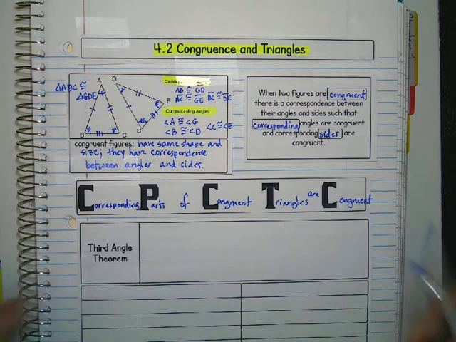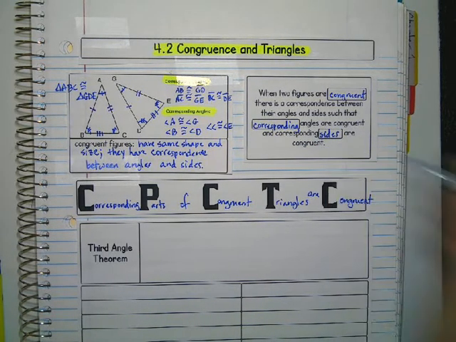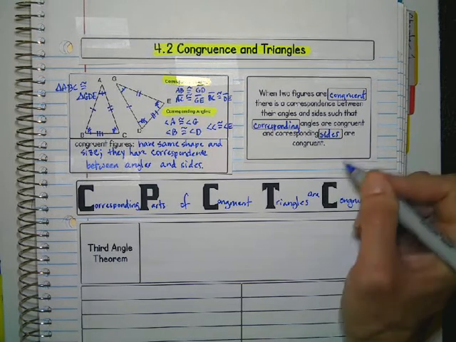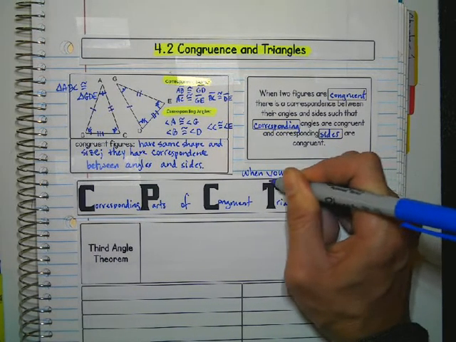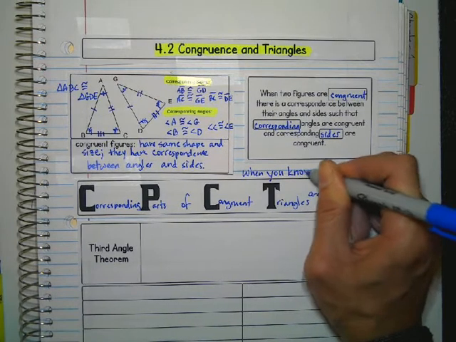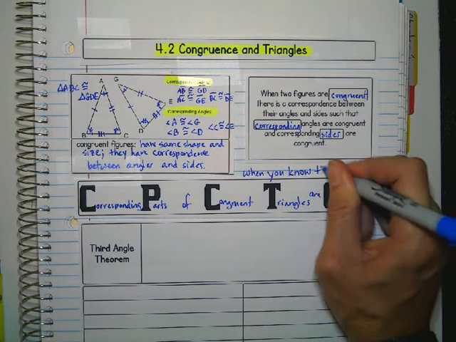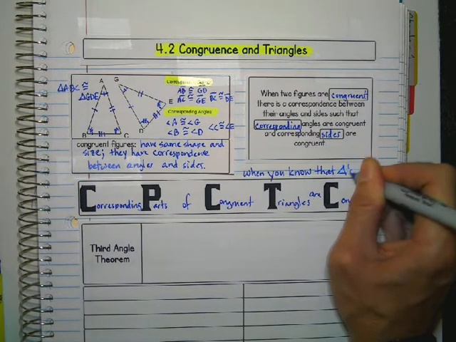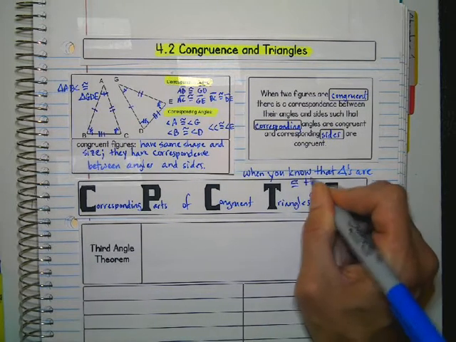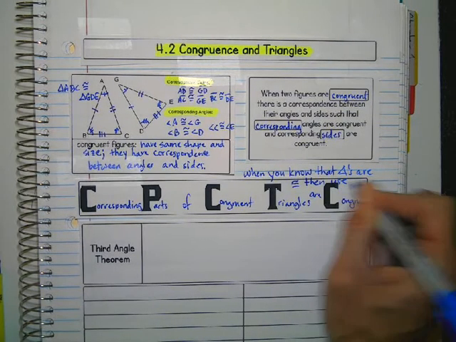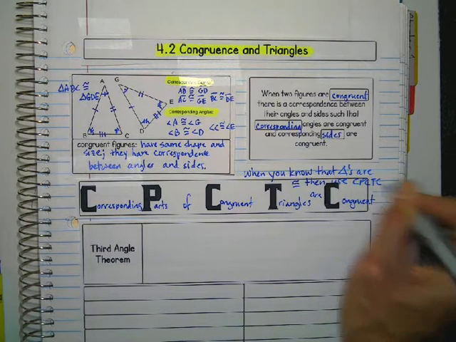When you know that triangles are congruent, then use CPCTC. I'm going to outline that, because that's pretty important.